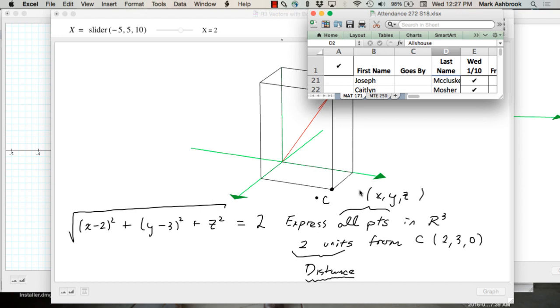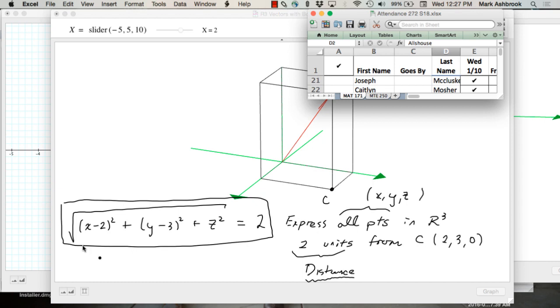Distance in R3, we just did it, right? So that equation means all points that make that equation true are going to be all the points that are 2 away from C.